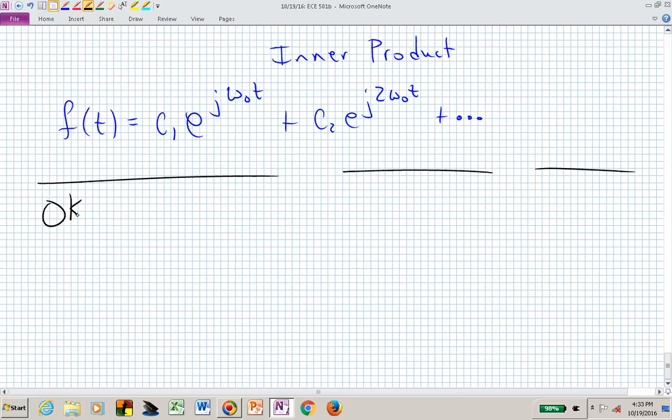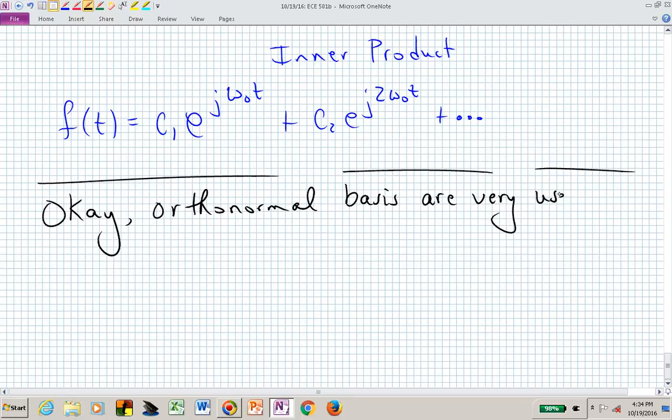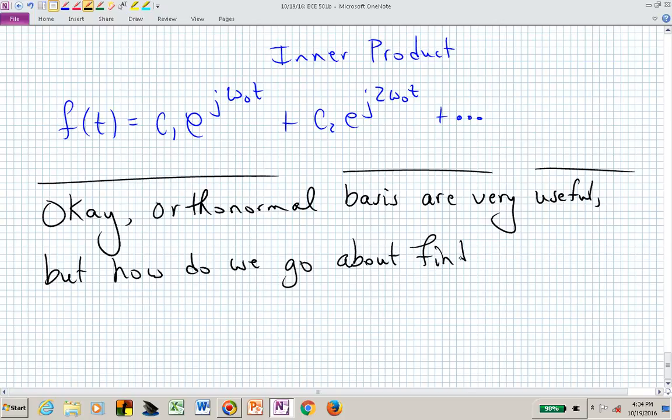Now, even if these are useful, let's say, okay, orthonormal bases are very useful. Maybe you're saying, how do I find an orthonormal basis given a vector space? How do we go about finding these orthonormal bases?